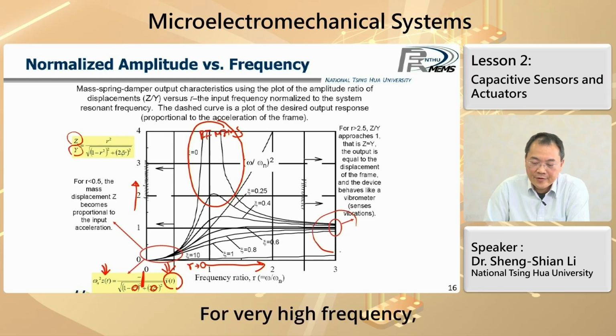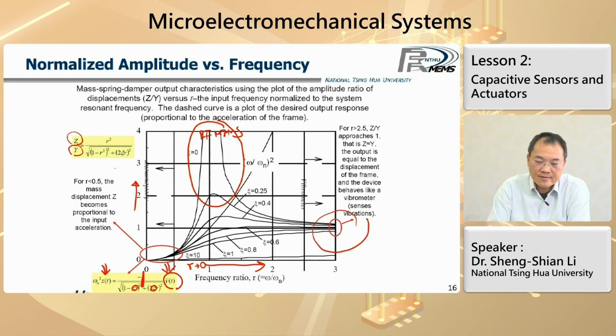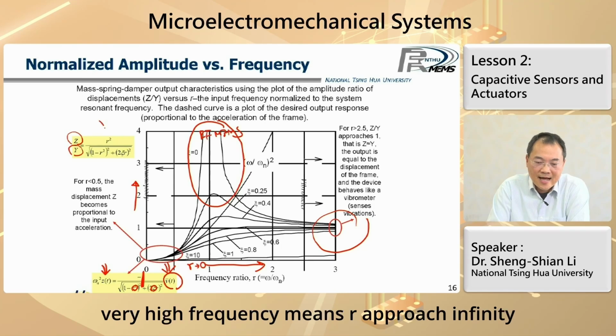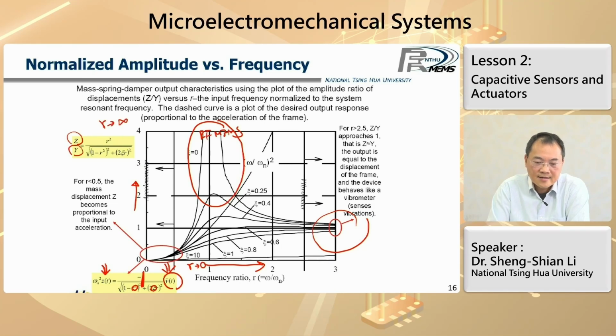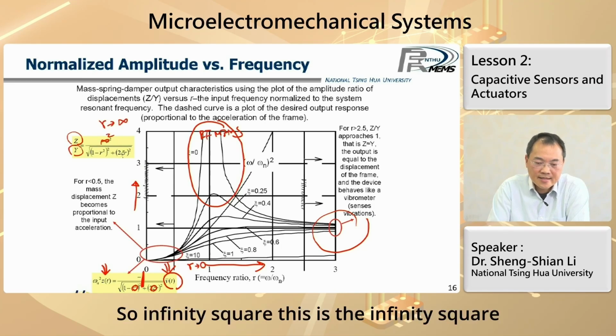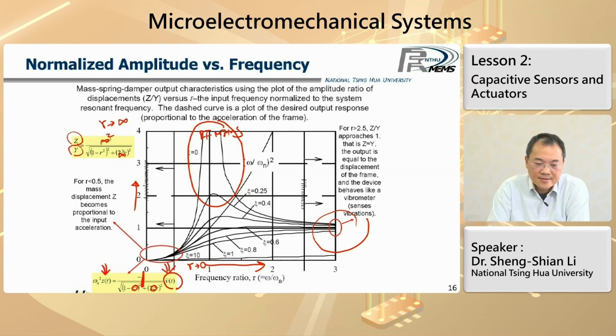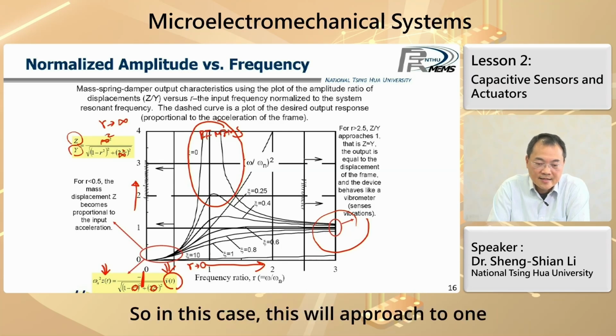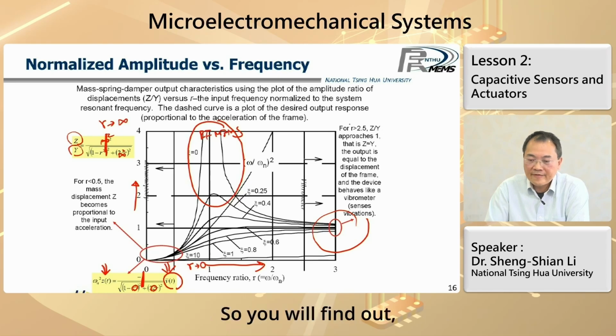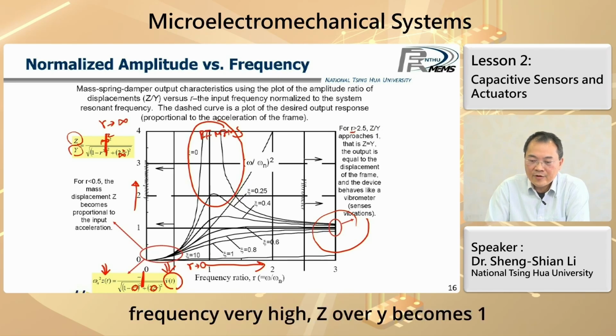For very high frequency, go back to this equation. Very high frequency means R approaches infinity. So infinity squared, in this case, this will approach 1. So you will find out when the frequency is very high, Z over Y becomes 1.